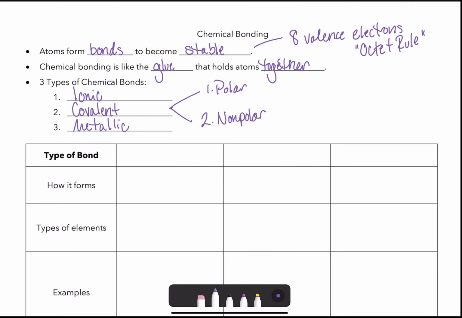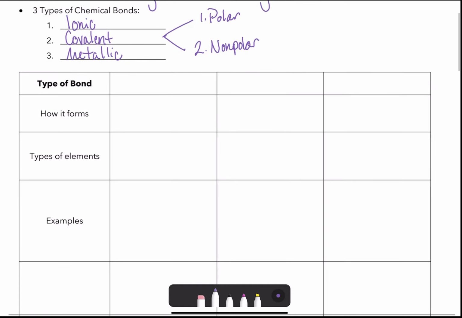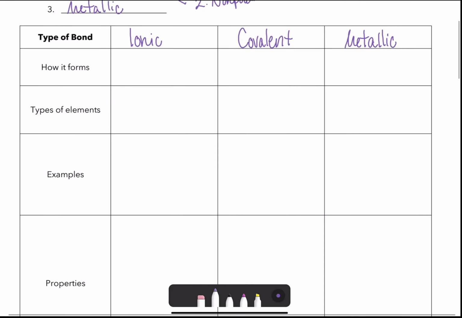So we're going to put all of these bonds in a chart to help us organize them, so that you will be able to easily see the differences between ionic, covalent, and metallic bonds. So go ahead, jot down that at the top of your table, and we're going to talk through each of these and how they form.